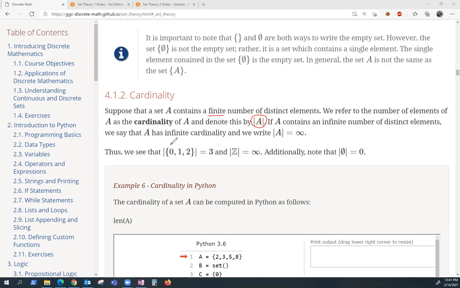So for example, the set 0, 1, 2 has 3 elements. And so when we put the absolute value symbols around it, the cardinality is 3. However, the integers is an infinite set, so we say that its cardinality is infinity. And also the cardinality of the empty set is 0 because it contains no elements. So just remember, what does cardinality mean? It's the number of elements in the set.